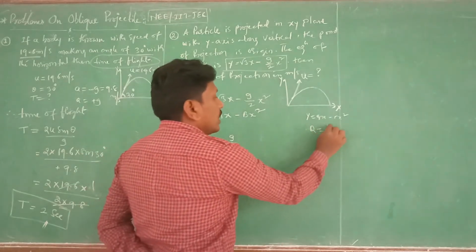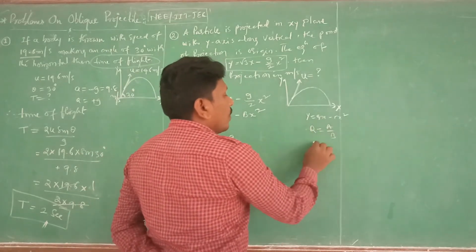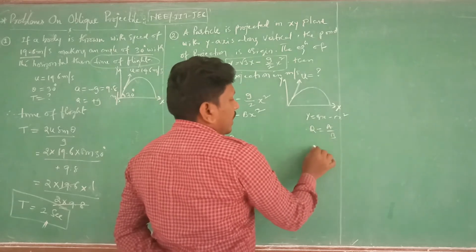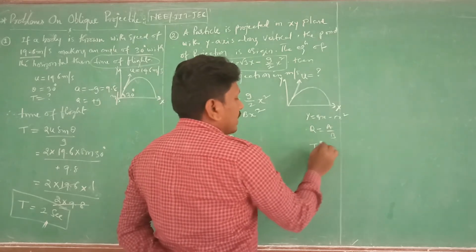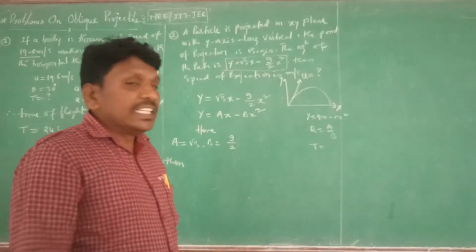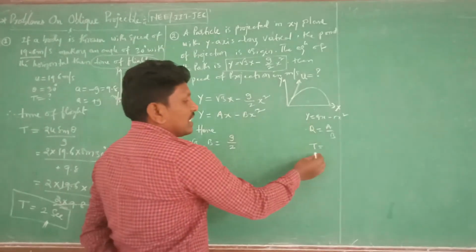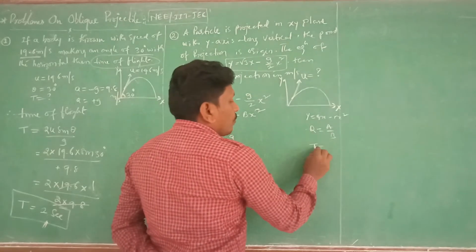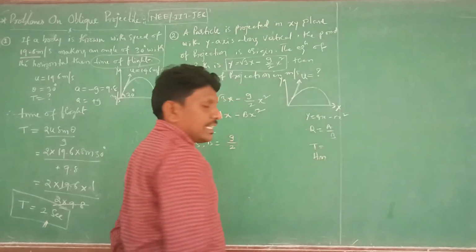Range we know that is a by b. Okay, and we have defined the time of flight also. We derived those expressions or formulas, and also we have seen the maximum height.